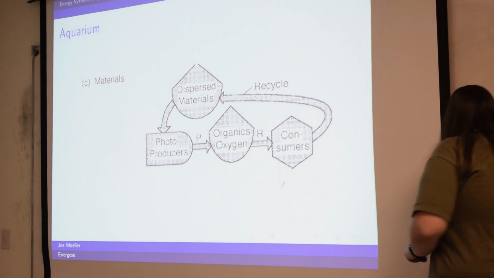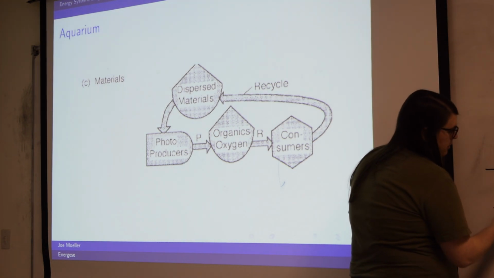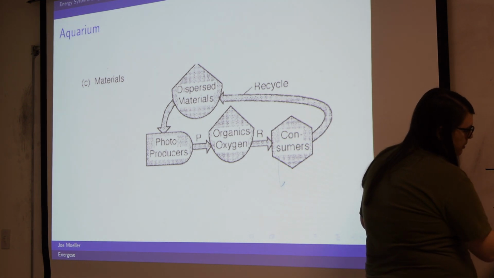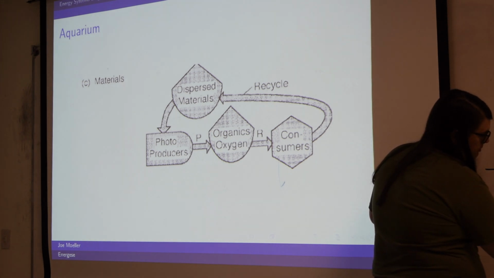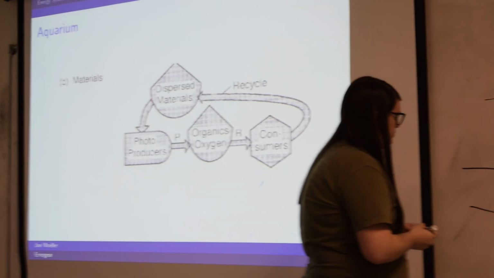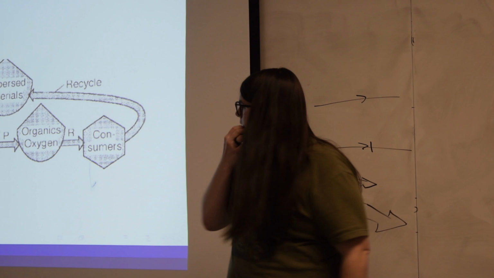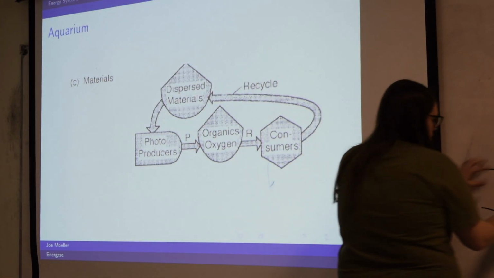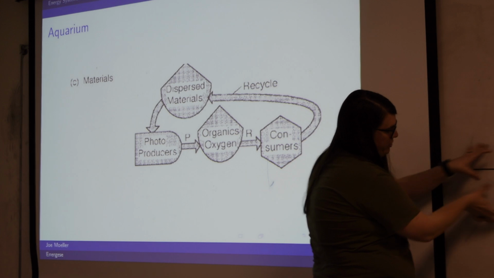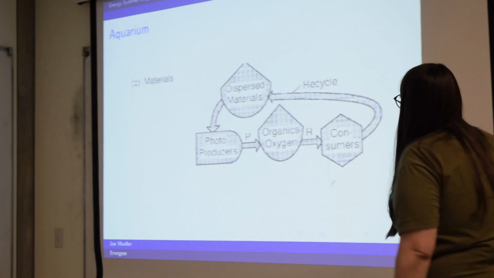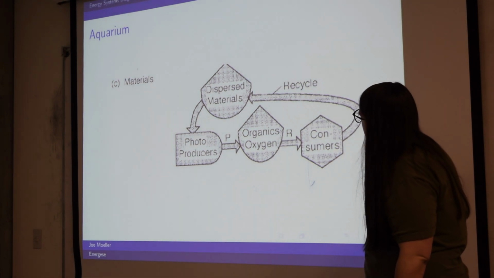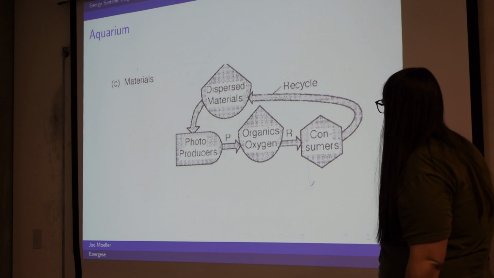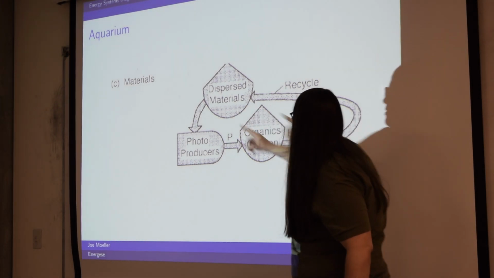So a really fat line could split into multiple thinner lines, and the smaller ones add up to the larger amount. And so this is just the materials flowing around inside of the aquarium. There's just a bunch of stuff all over the place.